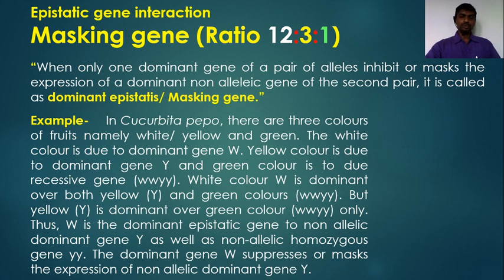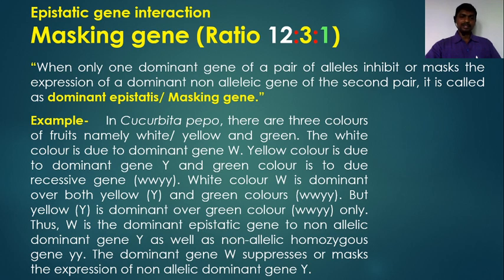The white color is due to the dominant gene capital W. Yellow color is due to the dominant gene capital Y, and green color is due to the recessive genes, small w small w small y small y. White color W is dominant over both yellow Y and green colors. But yellow color is dominant over green color only.